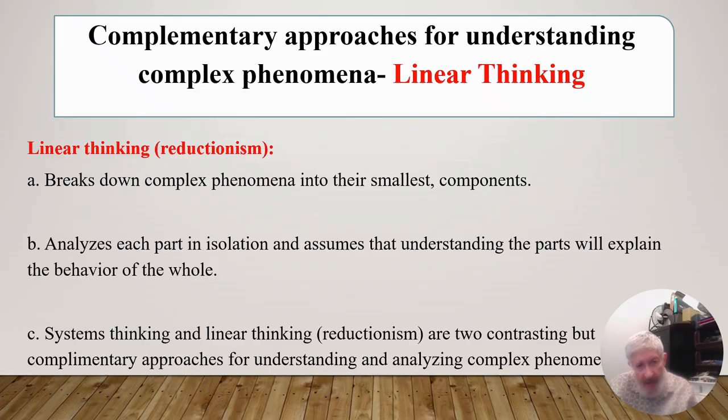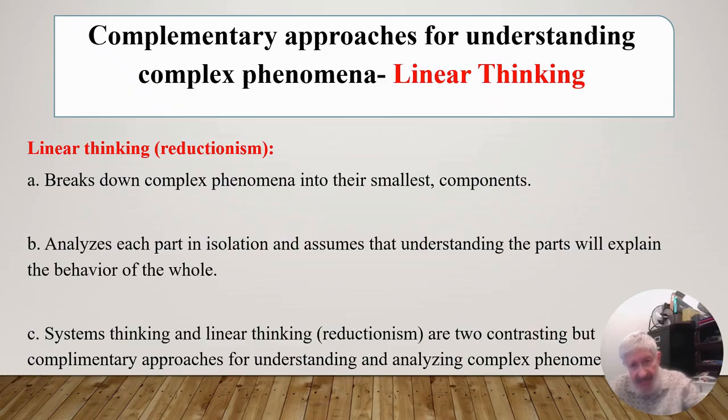Okay, now we're on to the other complementary approach for understanding complex phenomena, linear thinking. Linear thinking, or reductionism, breaks down complex phenomena into their smallest, simplest components, and it analyzes each part in isolation. And the assumption is that understanding the parts is going to explain the behavior of the whole.